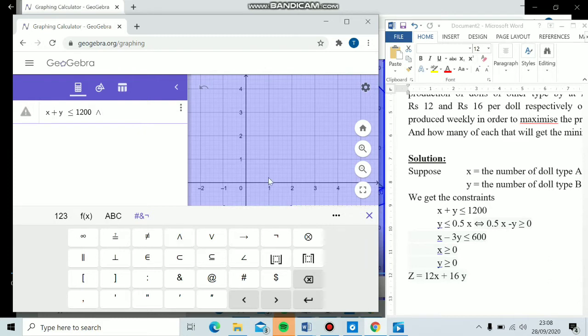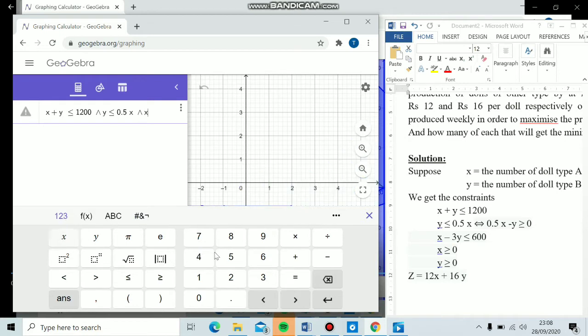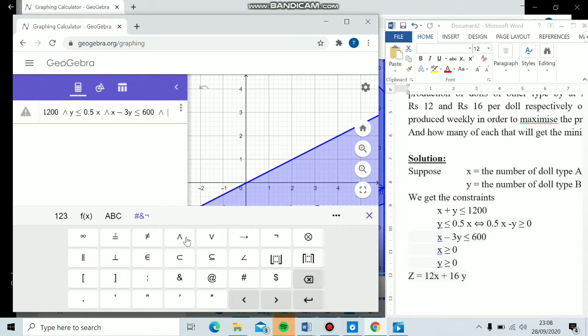and then type y greater than or equal to this, and using conjunction again, type in here x minus 3y, yes, like this, and then use conjunction again to type x greater than or equal to 0, conjunction again, y greater than or equal to 0.